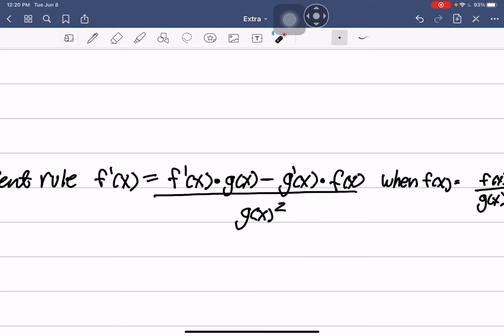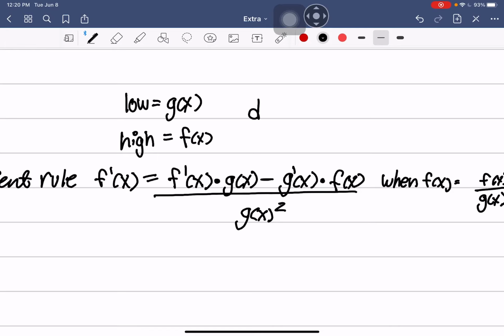What does that mean? So take it as low is equal to g of x, high is equal to f of x, and d is equal to derivative.